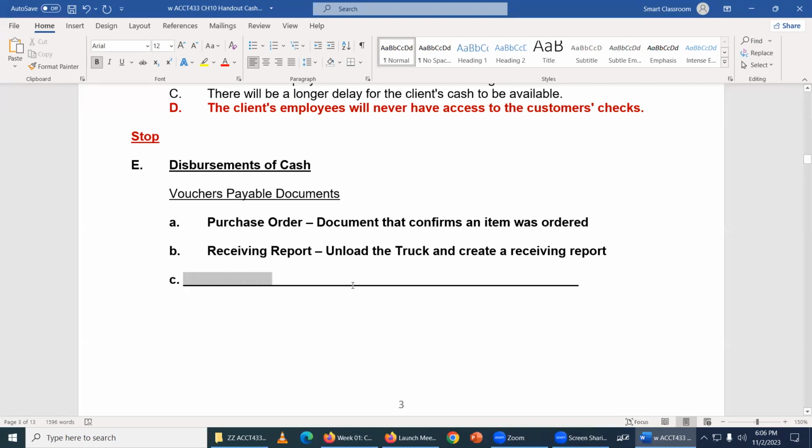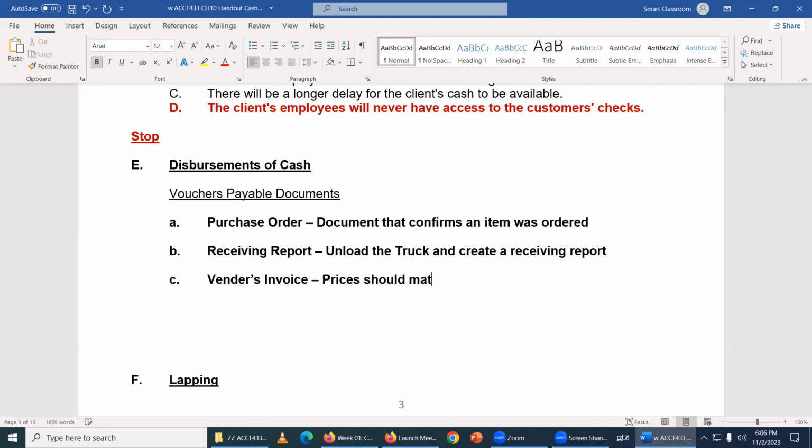And lastly, we will get the vendor's invoice. Whoever sold it to us will send their invoice. And the vendor's invoice will have the prices, which should match the purchase order, and the quantity should match the receiving report.